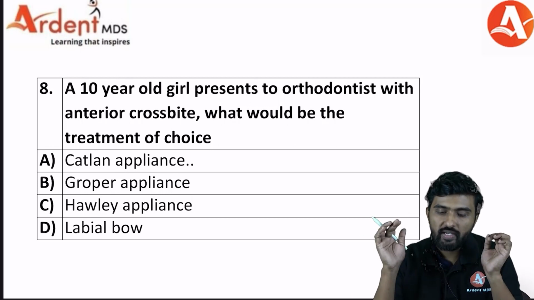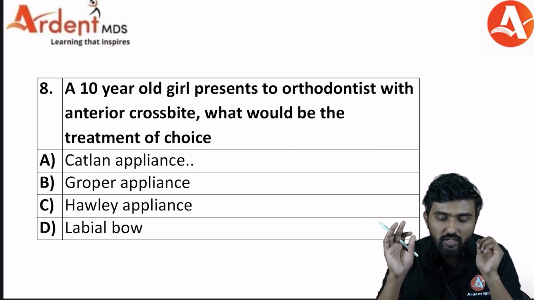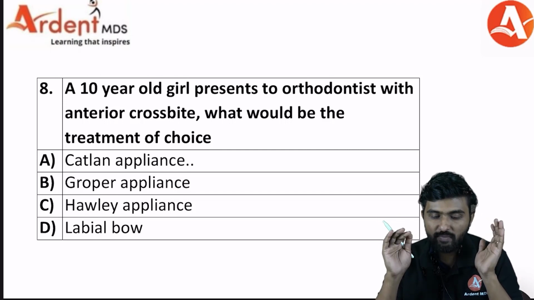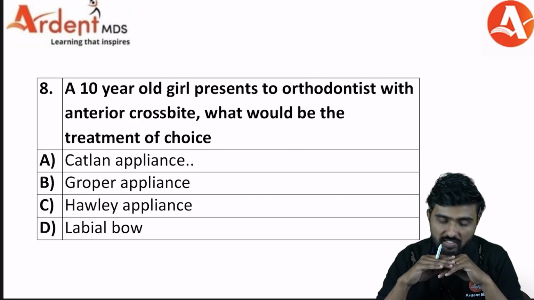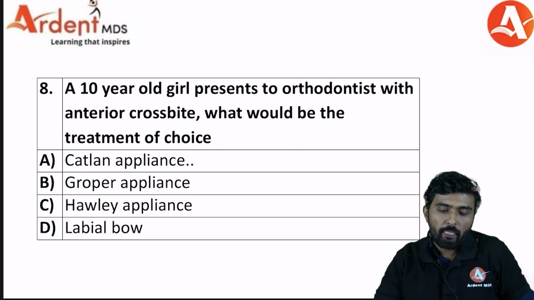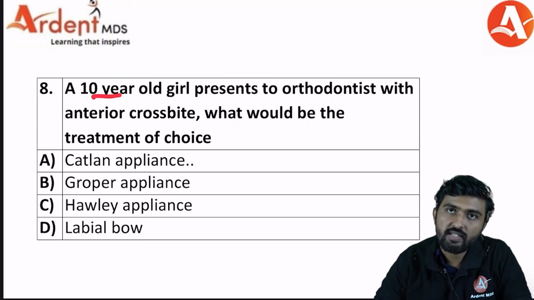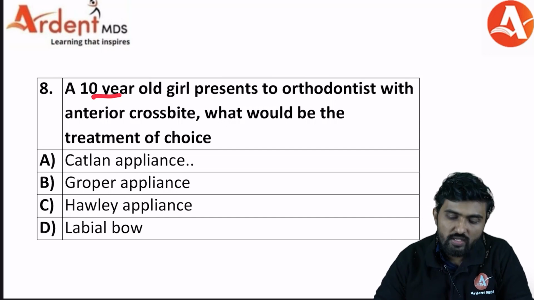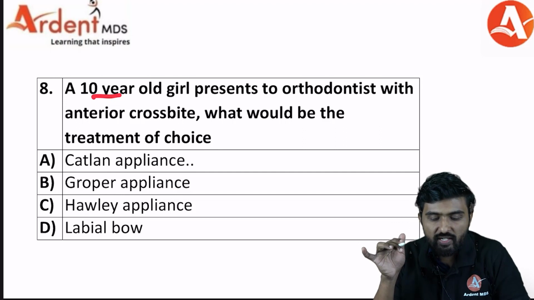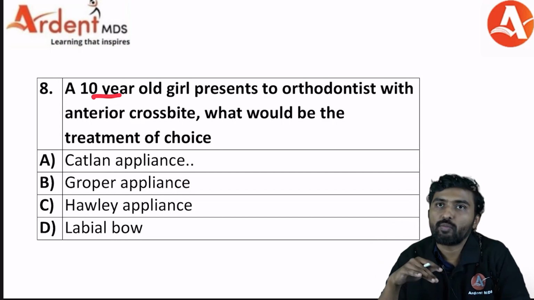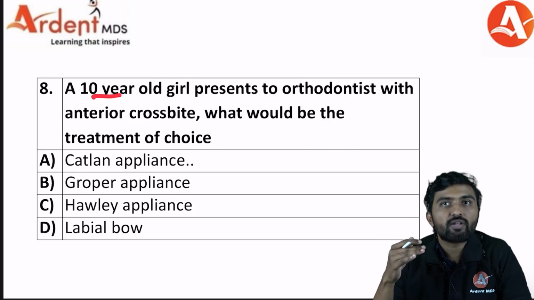Coming to question number 8. A 10-year-old girl presents to an orthodontist with anterior crossbite. What would be the treatment of choice? Here, age is the only clue. For a 10-year-old patient, mostly the crossbite would be a developed crossbite.